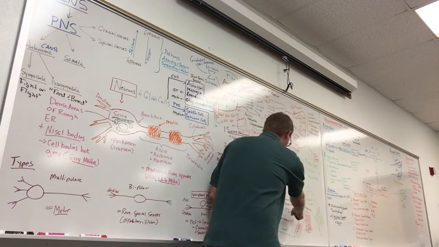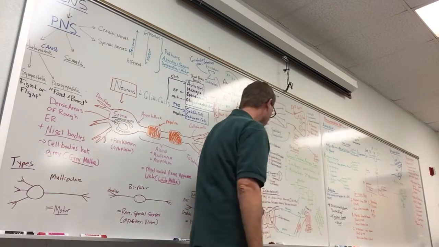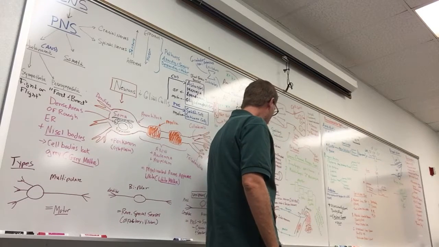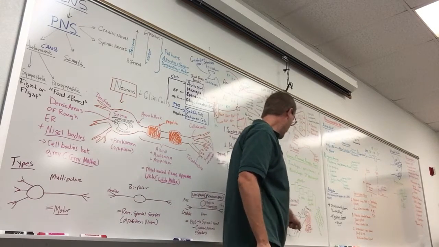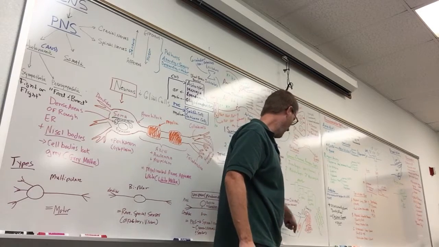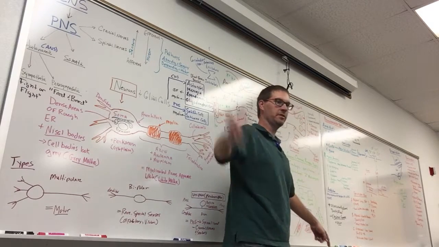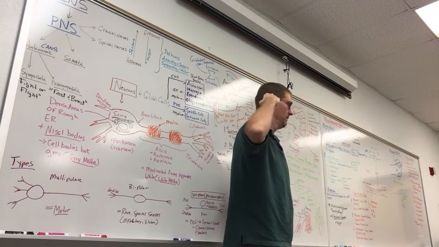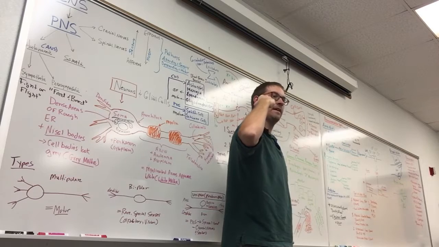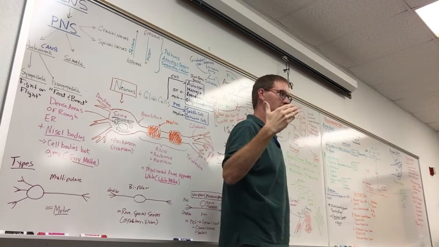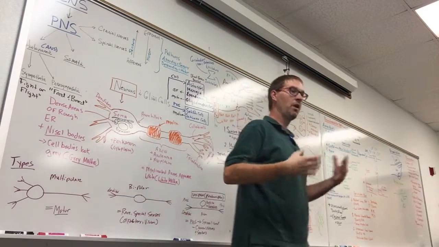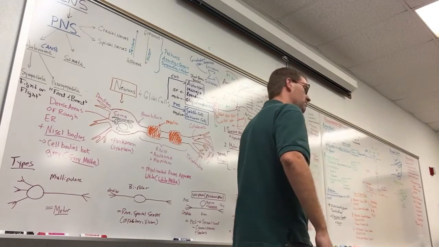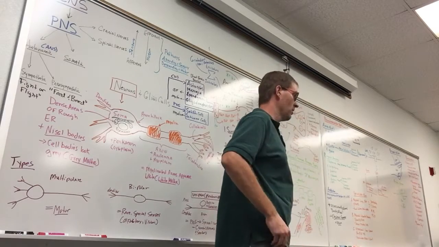So the sensory information comes up, it goes into the interneuron, there's a synapse in the spinal cord, and the interneuron then sends motor information out through an efferent pathway to the muscles in your arm and causes them to contract, and you pull away from the fire. And that's what we call a reflex, or an interneuron in the spinal cord.